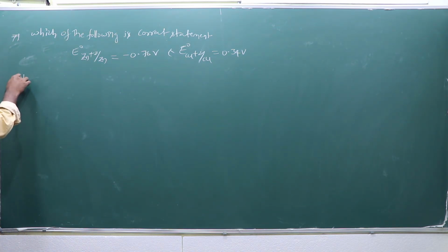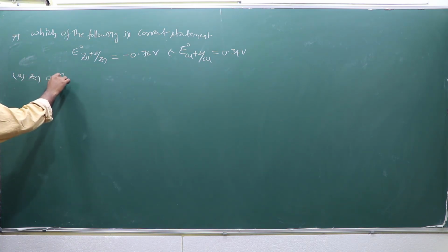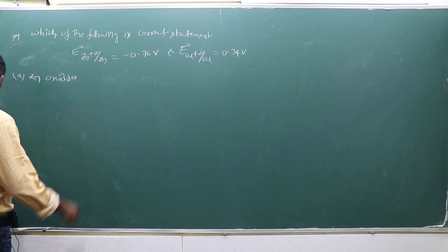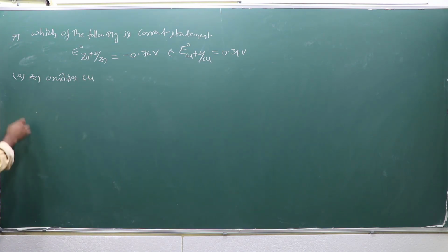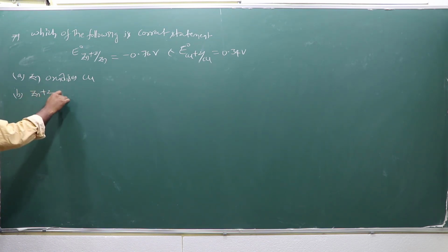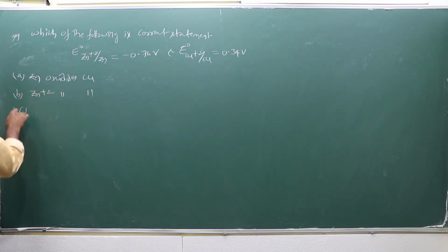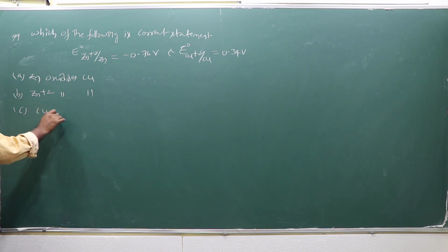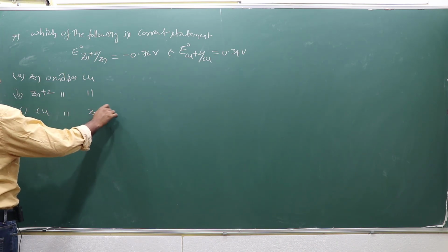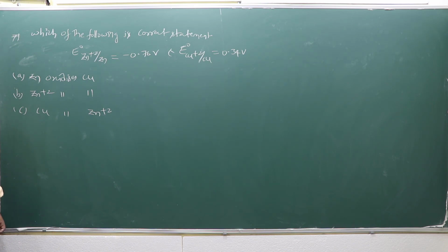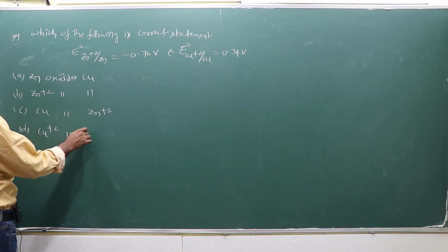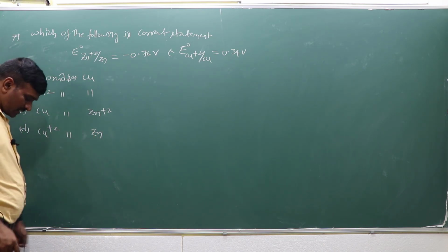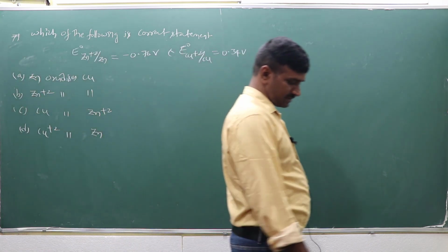Option A: zinc oxidizes copper. Option B: zinc plus 2 oxidizes copper. Option C: copper oxidizes zinc plus 2. Option D: Cu plus 2 oxidizes zinc. Which one is the correct reaction?